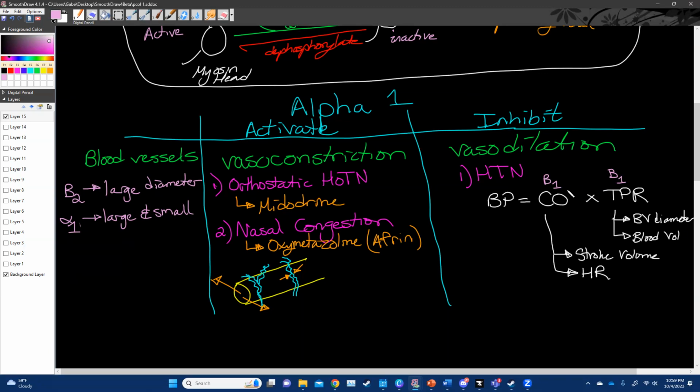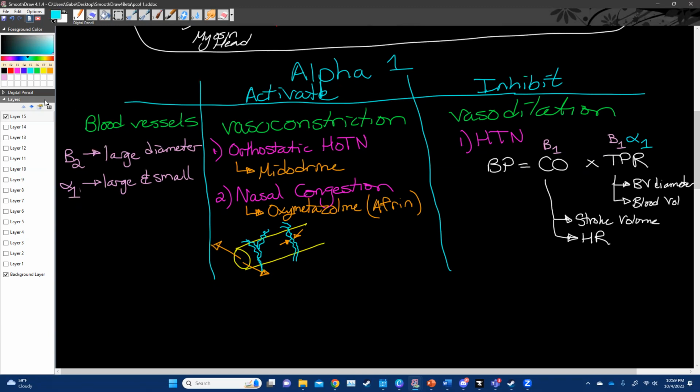Cardiac output based on the myocytes, total peripheral resistance, mostly because of its effect on renin. Alpha-1 is only participating here. And because of that, we're going to see one major adverse effect to alpha-1. And that adverse reaction is reflex tachycardia.